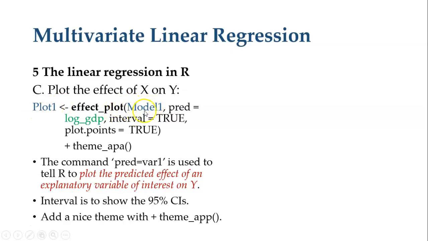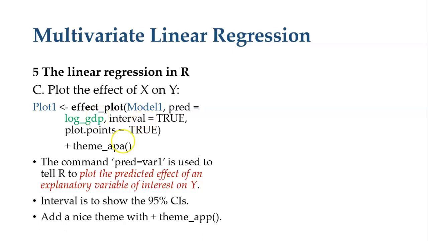You use your model. For this reason, the model is important. And you use this command called prediction log GDP. This is very important. If you had, for instance, a model with 10 explanatory variables, you can put here the variable that you want to see the relationship between that variable and y.